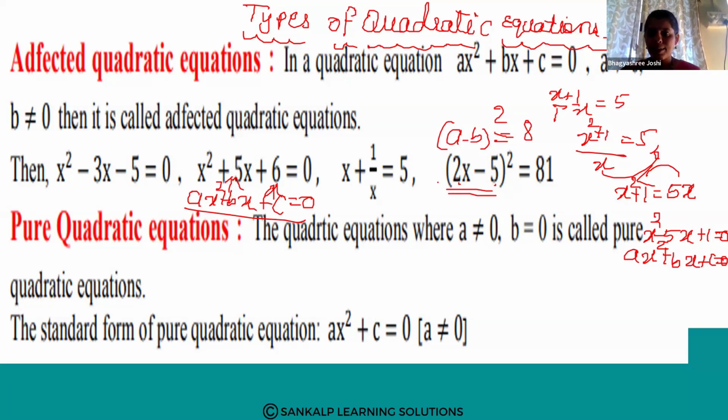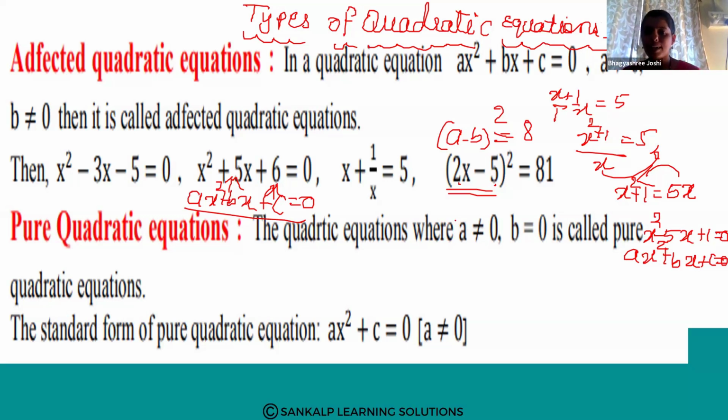Pure quadratic equation. What does a pure quadratic equation mean? The quadratic equations where a is not equal to 0 but b is equal to 0. In a quadratic equation, a is not equal to 0. If a becomes 0, then it will be a linear equation. Therefore, the condition is a is not equal to 0. Yes, I agree. But next is b equal to 0. So in the first case, b is not equal to 0.